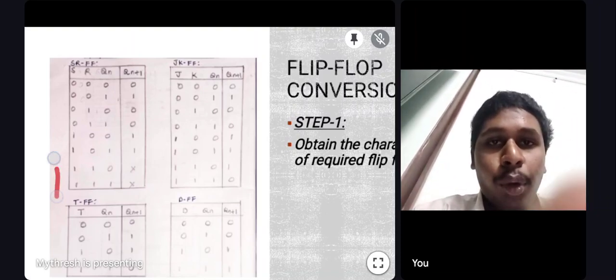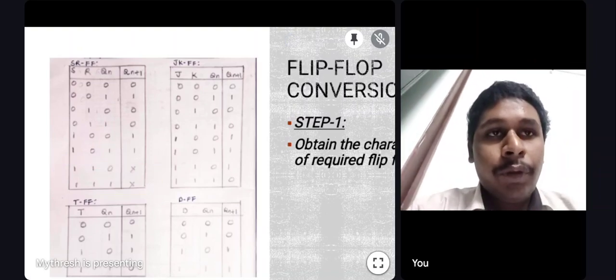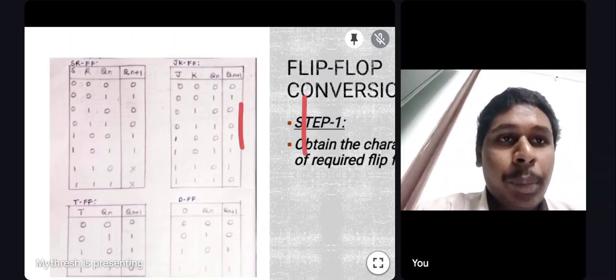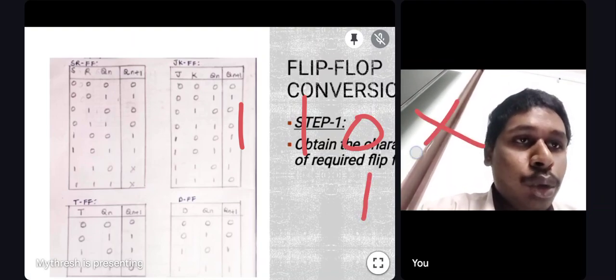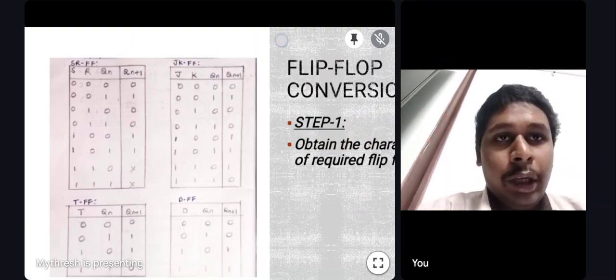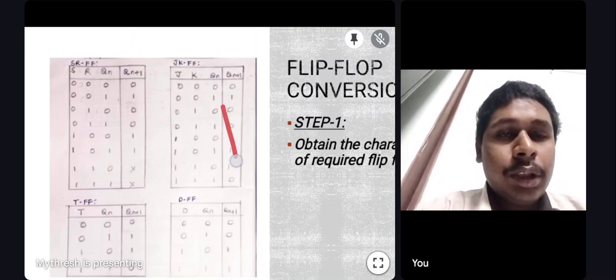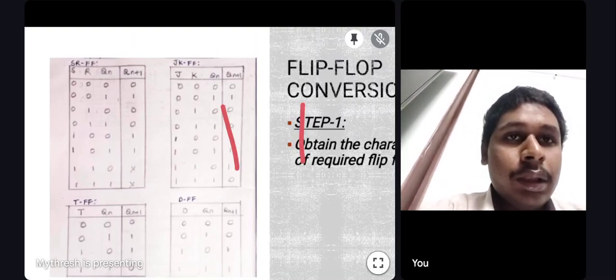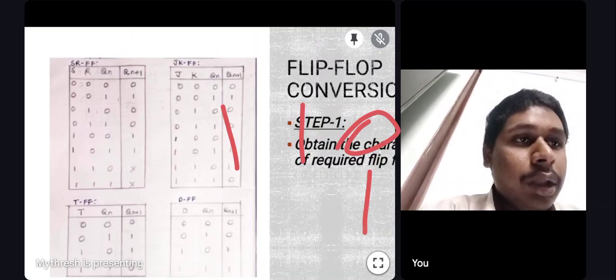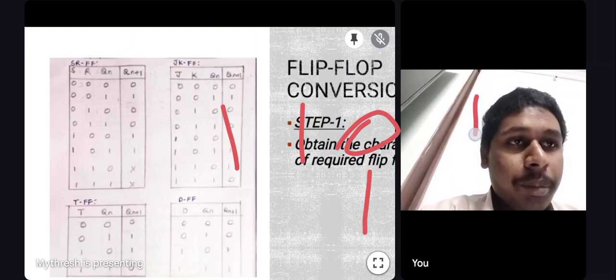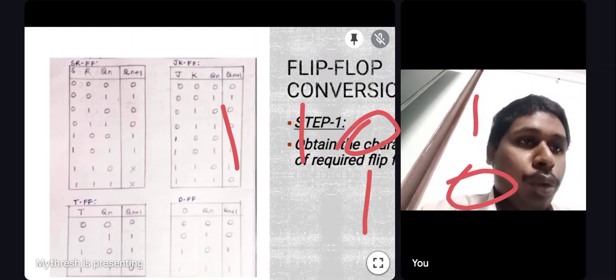For SR flip-flop, if SR is 1 1, the present state is 0 or 1, then the next state is a don't care condition. And for JK flip-flop, if JK is 1 1, then the present state is 0 or 1, and the next state becomes Q bar, that is present state bar. That is, if it is 0 it becomes 1, if it is 1 it becomes 0.